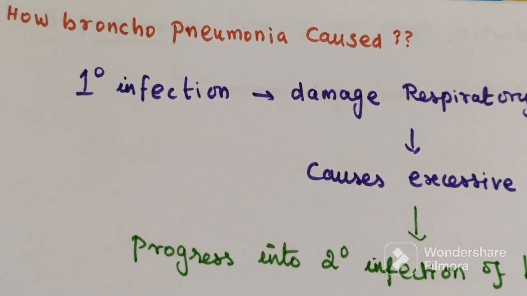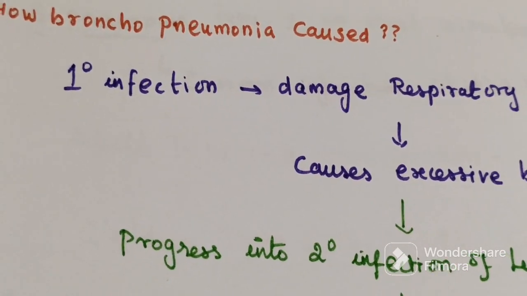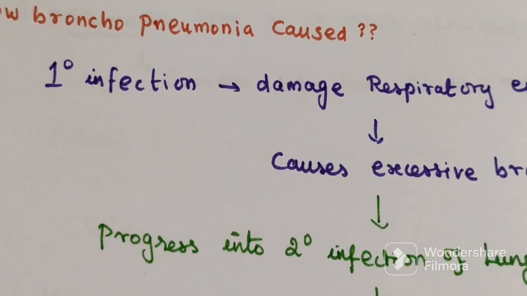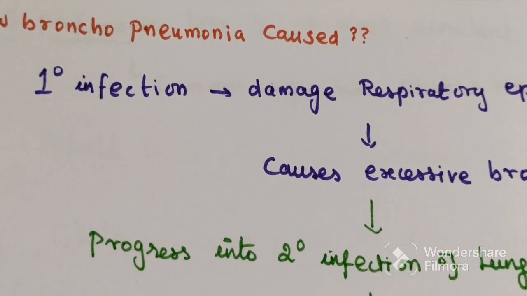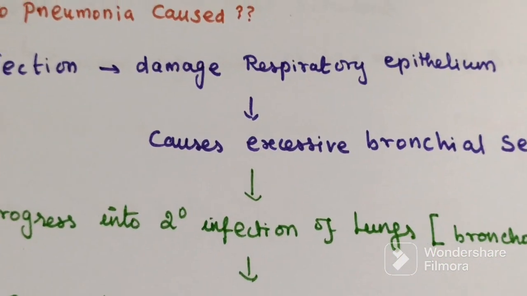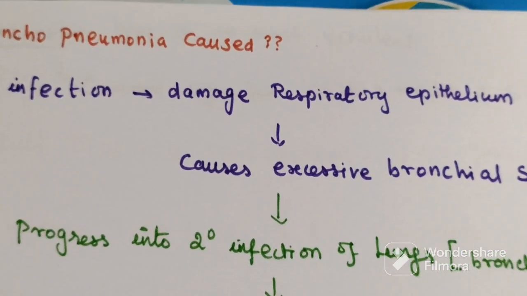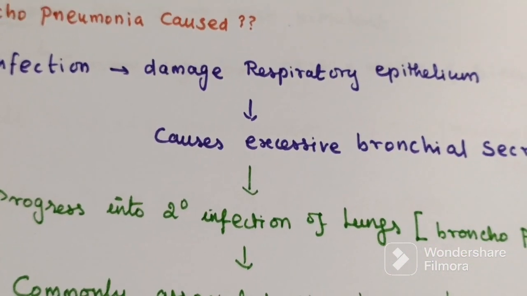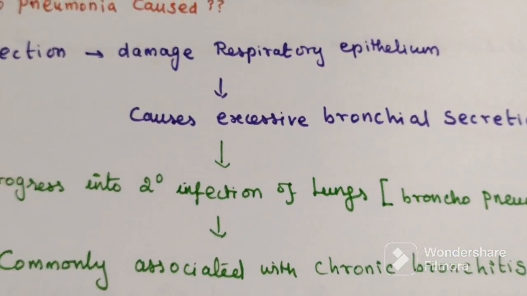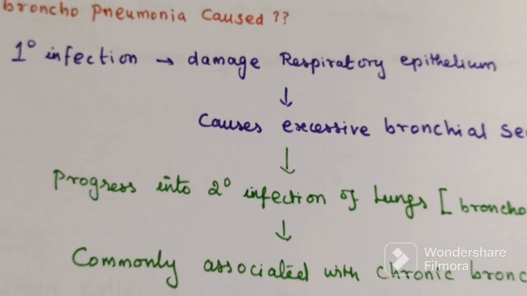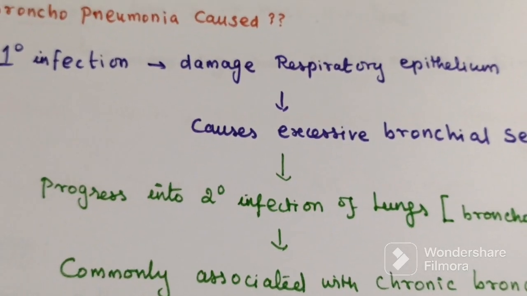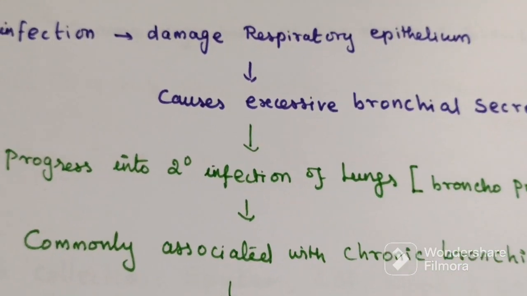Let's see how bronchopneumonia is caused. First, the primary infection damages the respiratory epithelium and causes excessive bronchial secretion, which progresses into secondary infection of the lungs, bronchopneumonia.